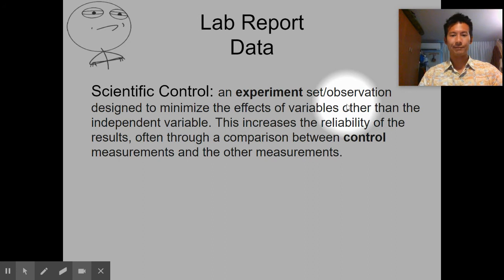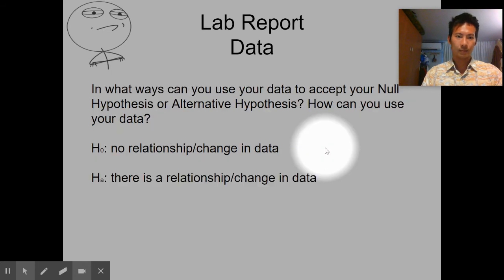A scientific control is an experiment or observation designed to minimize the effects of variables other than the independent variable. This increases the reliability of the results, often through a comparison between control measurements and other measurements.